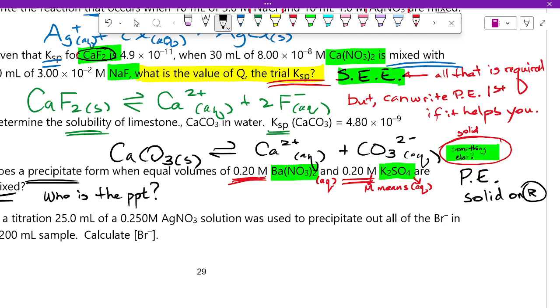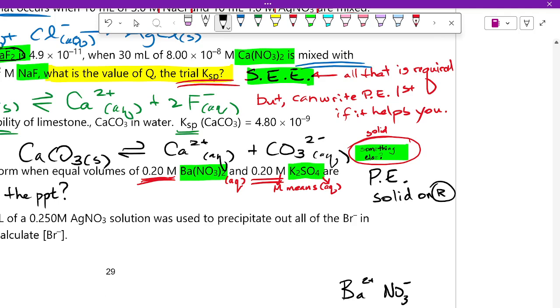We have barium, we have nitrate, we have potassium, and we have SO4 2 minus. Who would barium go with? SO4. We would have to look that one up, yes? No, not really, because we know that NO3 is a salt of state. We know that these guys are soluble.